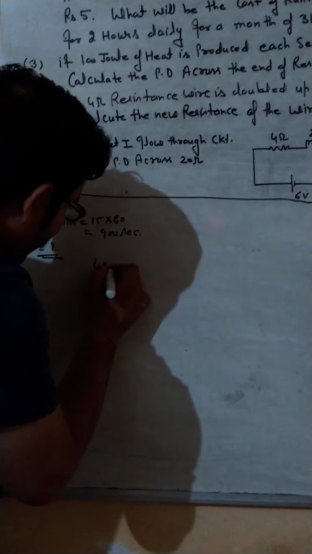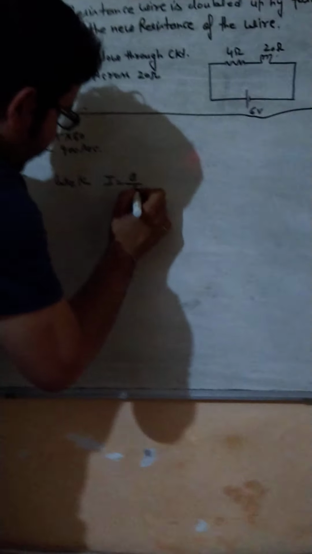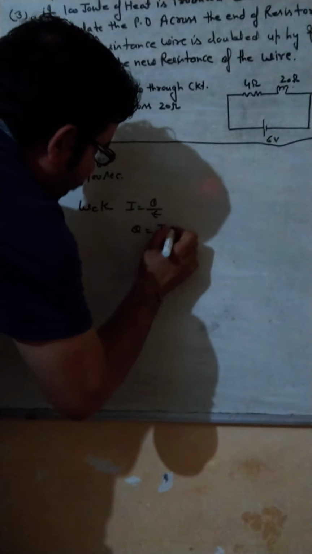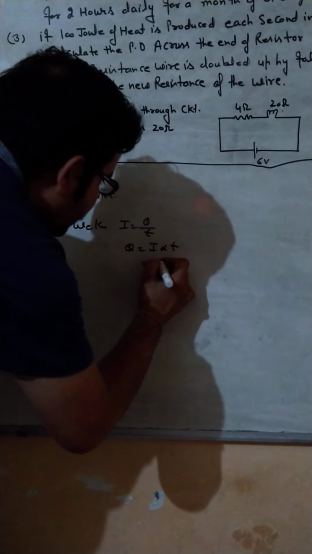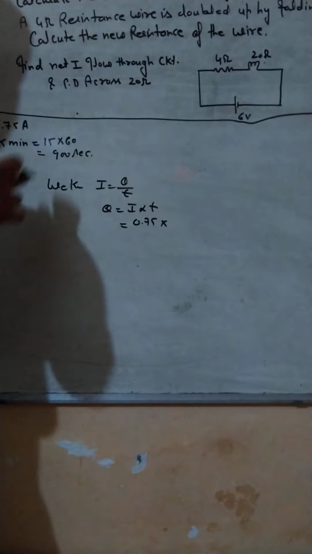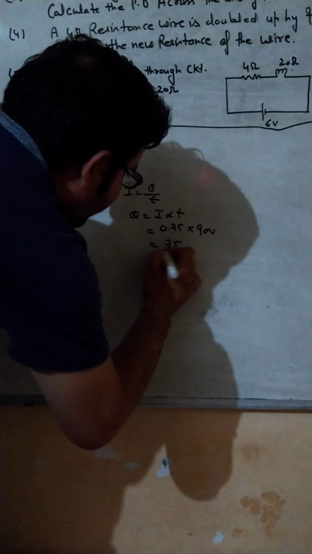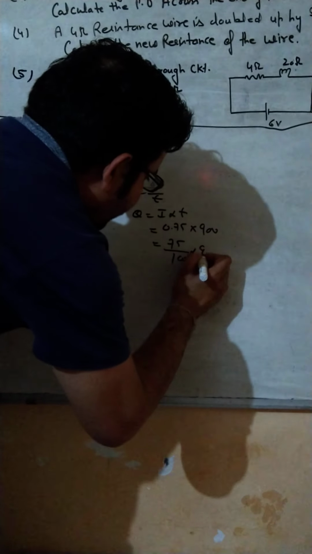So we know I is equal to Q by T. Then Q will be I into T. What is I here? I here is 0.75 into the time, that is 900. So it will be 75 divided by 100 into 900.